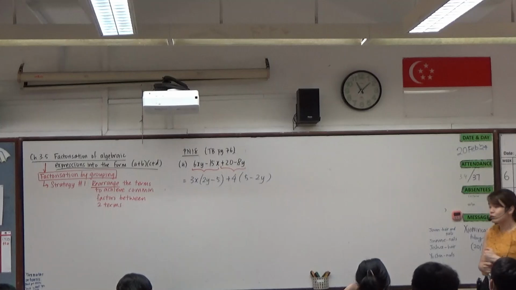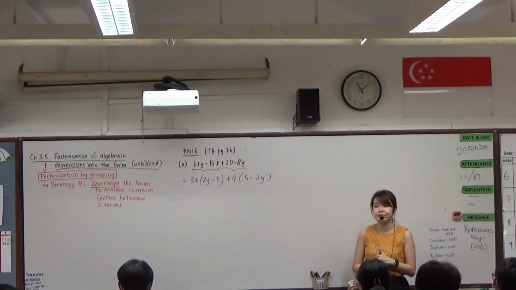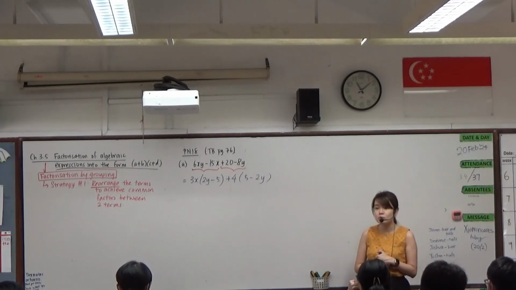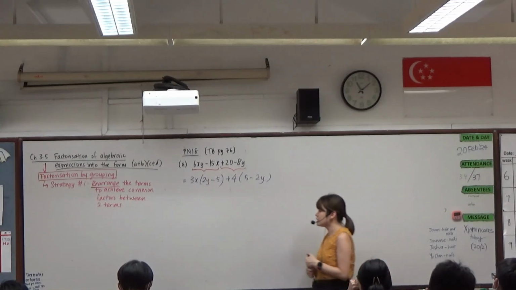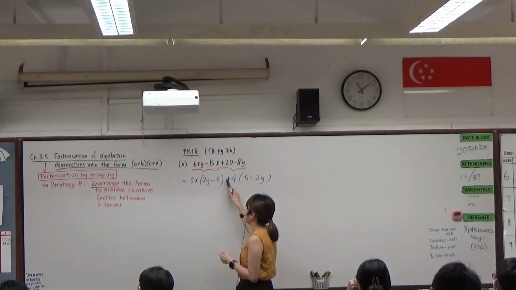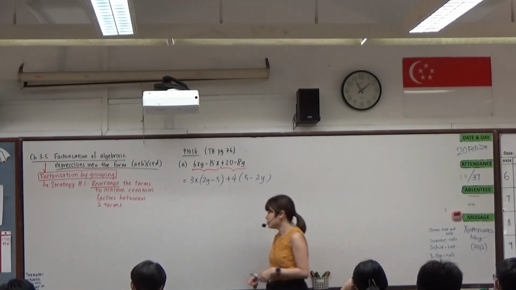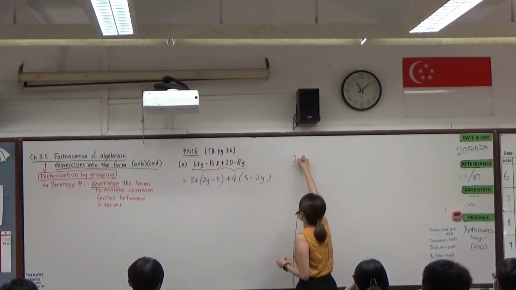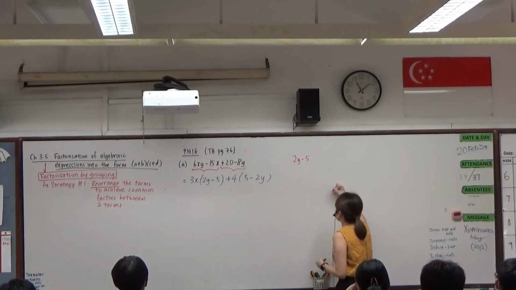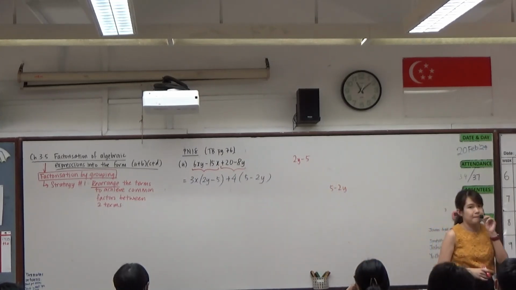Okay, and we agreed just now that 2y minus 5 and 5 minus 2y are different, because 3 minus 2 and 2 minus 3 are different. So how do we actually manage this? Just now what we did was we tried to bring in the negative sign, but this one is a positive sign. So let's just bring this discussion up first. We want to have 2y minus 5 and 5 minus 2y to be related to each other.